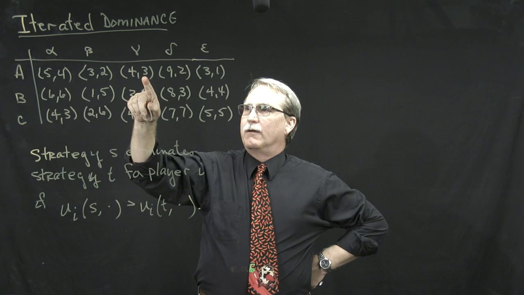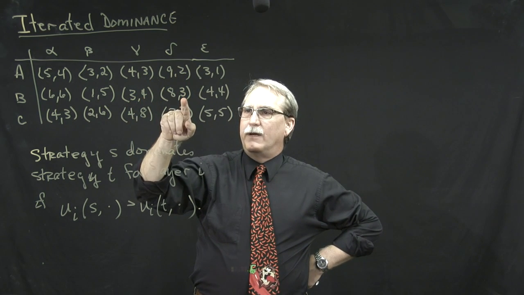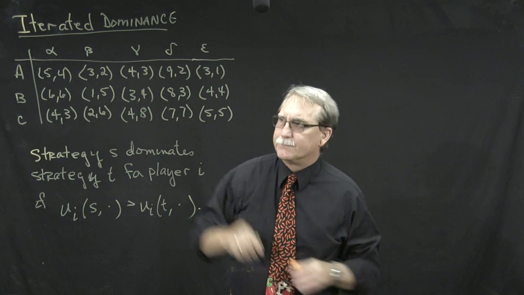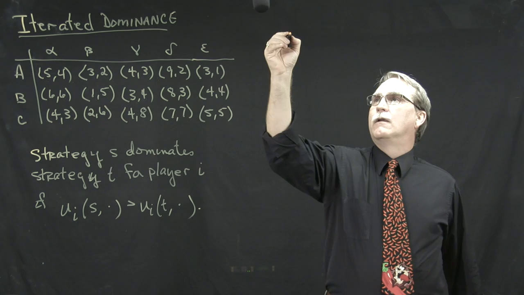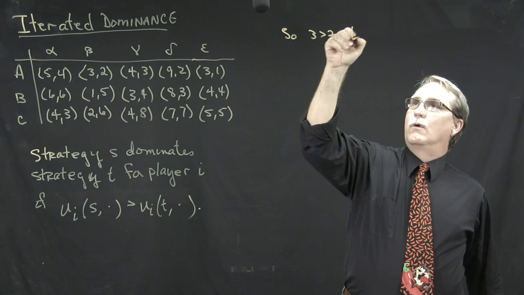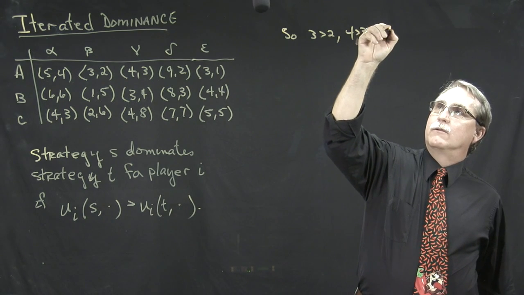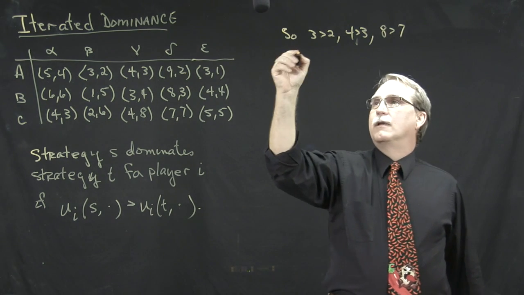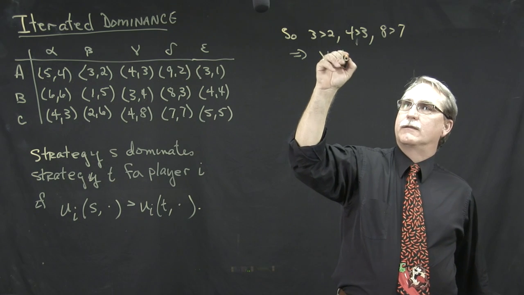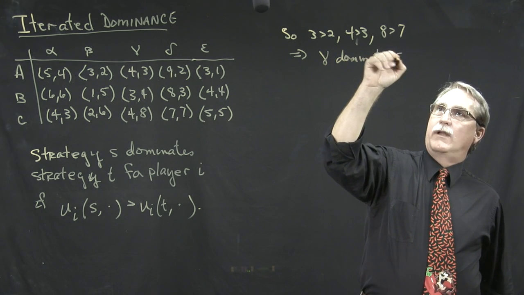We see that the payoff of 3 is greater than 2, the payoff of 4 is greater than 3, and the payoff of 8 is greater than 7, implying that strategy gamma dominates strategy delta.